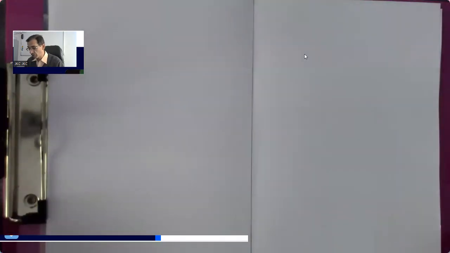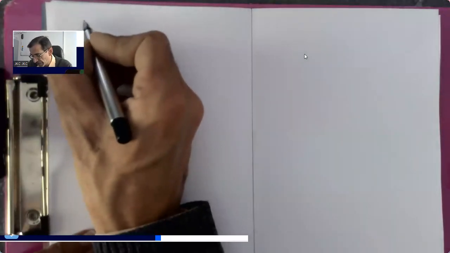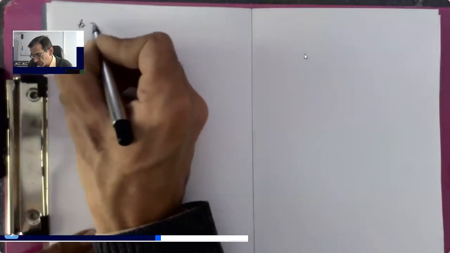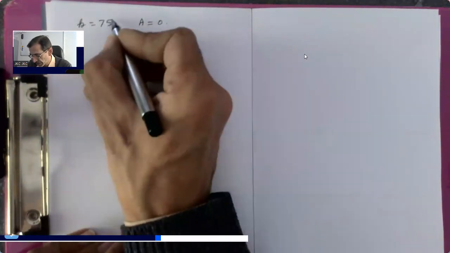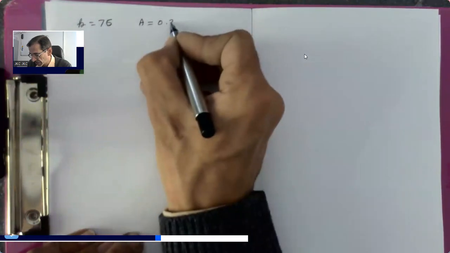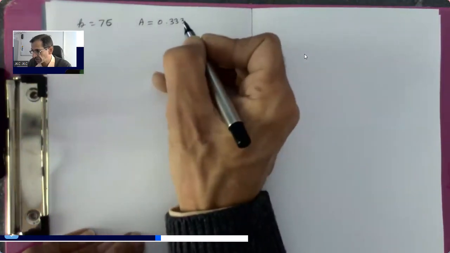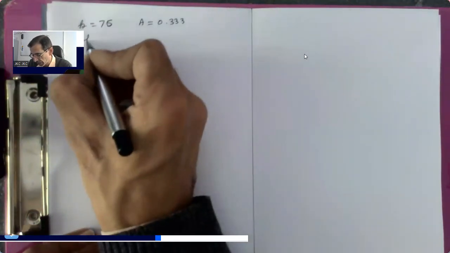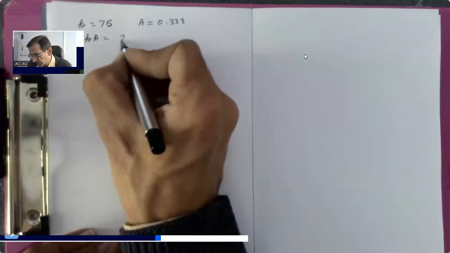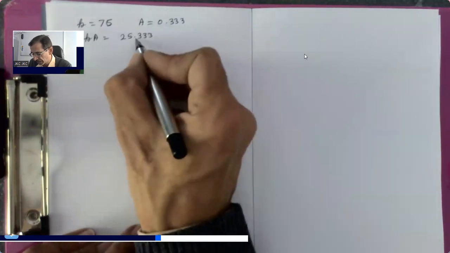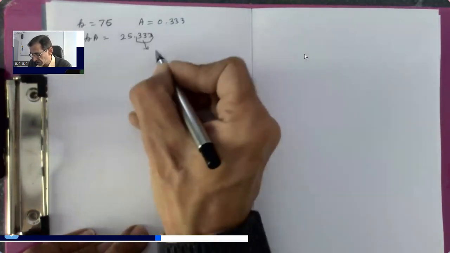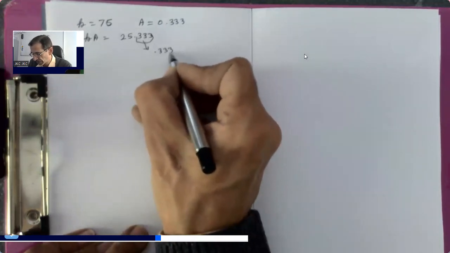I'll quickly go and show this once again, and discuss all those things in more detail. When I said K A, let's assume K was 75 and A is chosen as 0.3333. So K A will effectively mean 25.3333 and so on. Take its fractional part, 0.3333.